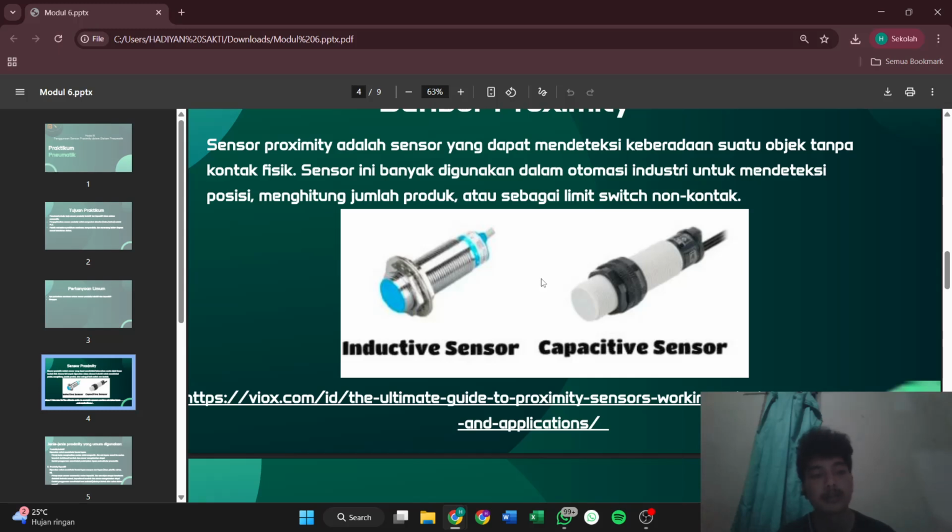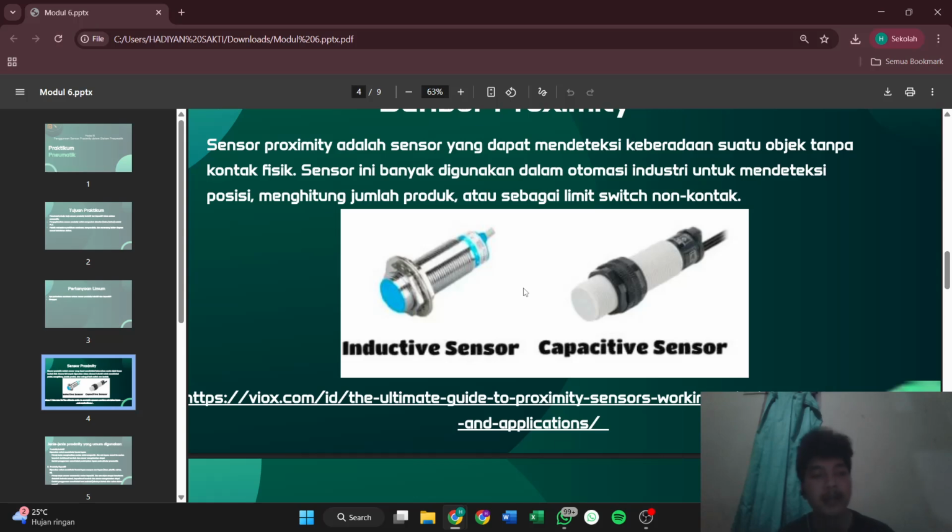This disturbance is processed by a comparator, and the sensor outputs a digital signal, usually 24 volt DC. This output is then sent to the PLC as an input signal.